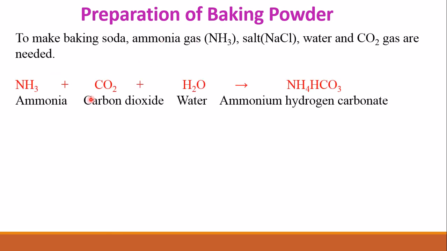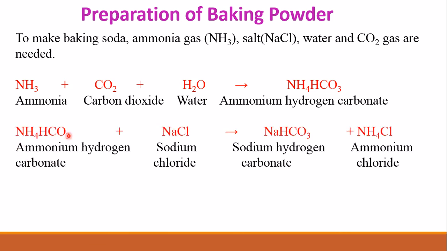Now, ammonia, carbon dioxide and water, they mix together and they react to make ammonium hydrogen carbonate. Now, in the second step, ammonium hydrogen carbonate reacts with sodium chloride and it makes sodium hydrogen carbonate, that means baking soda, and ammonium chloride.